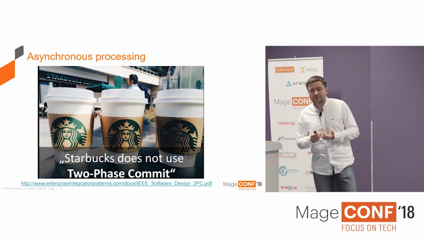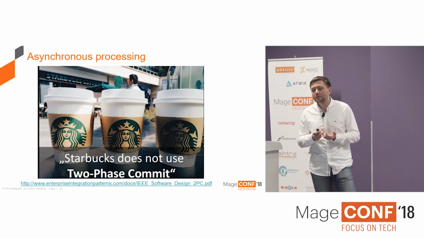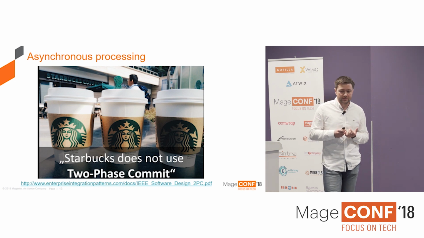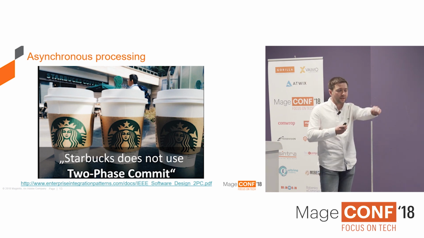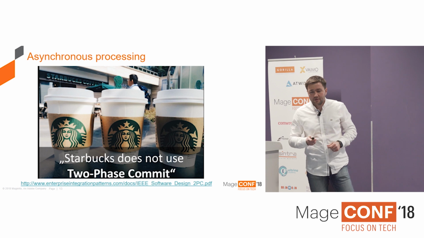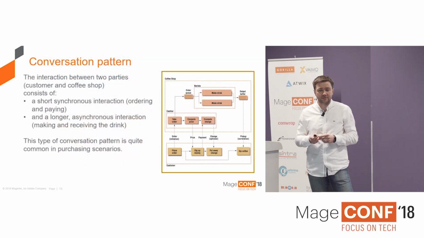And there is a really good article, which is a little bit dated but still very relevant, and I really recommend you read it. The name of the article is Starbucks Does Not Use Two-Phase Commit. The main idea is that there is a conversation pattern there.